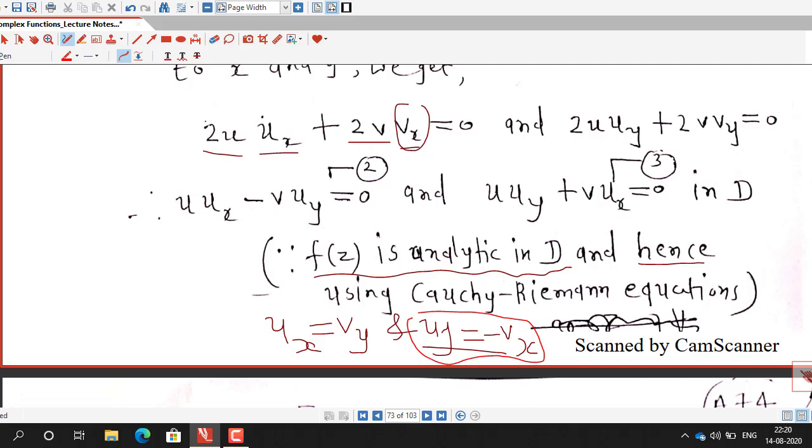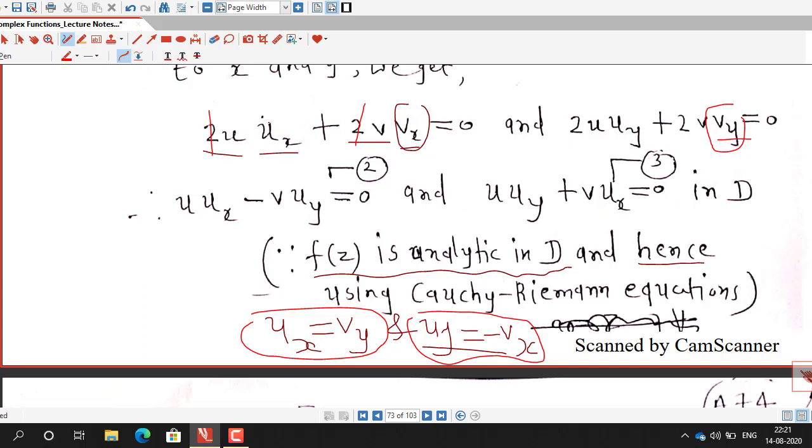So there is a negative sign here, and 2 also cancels out simultaneously. And here we are replacing vy by ux. So in the second we are using vy equal to ux. So we are converting these two equations.